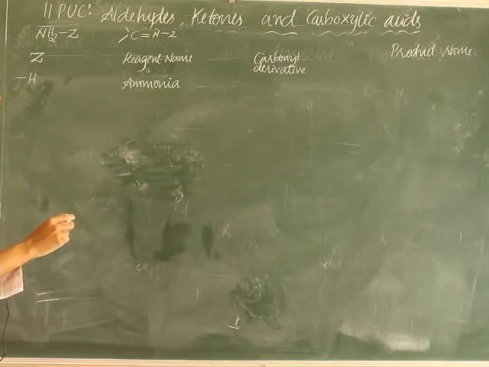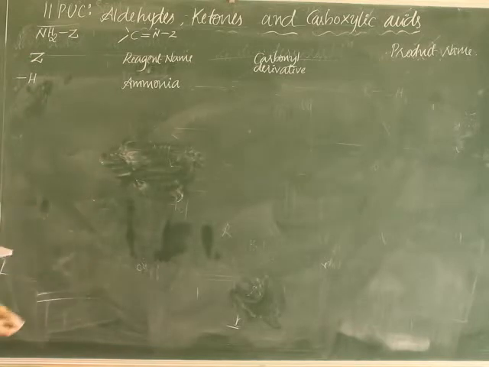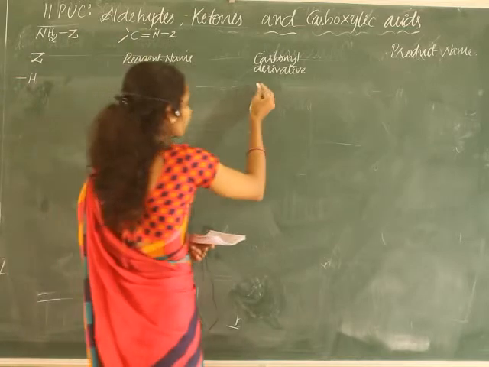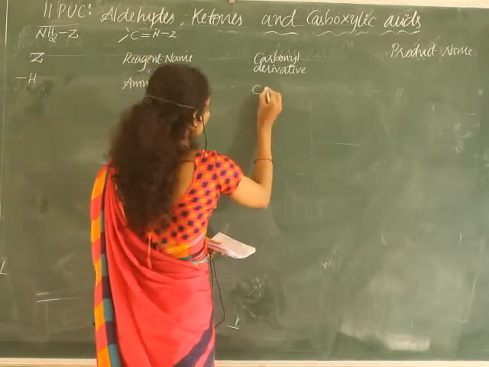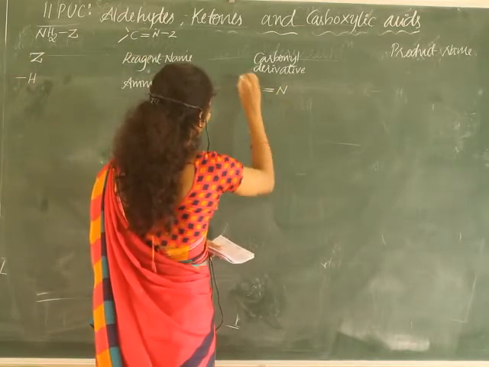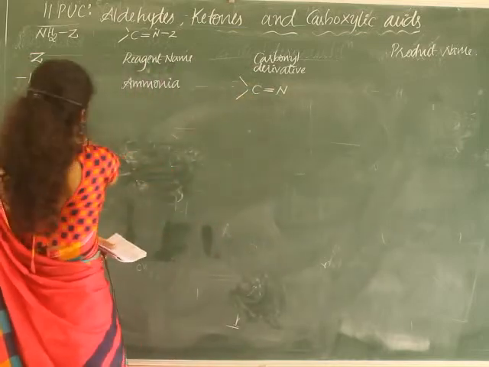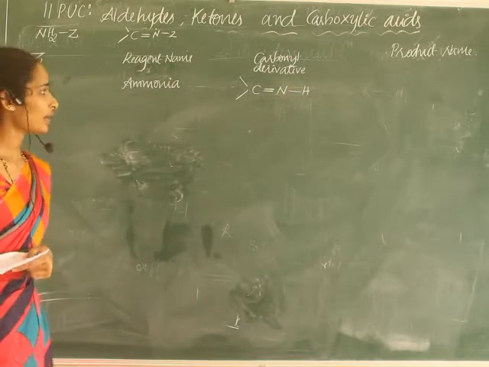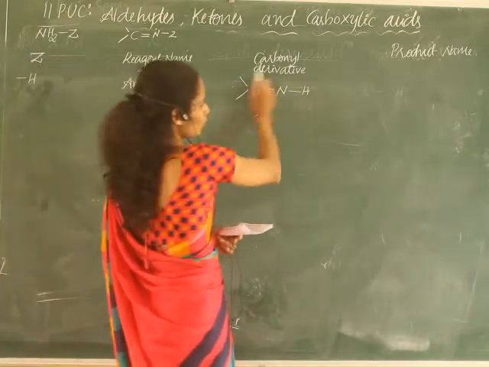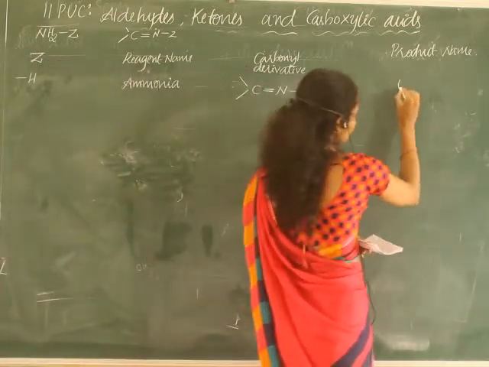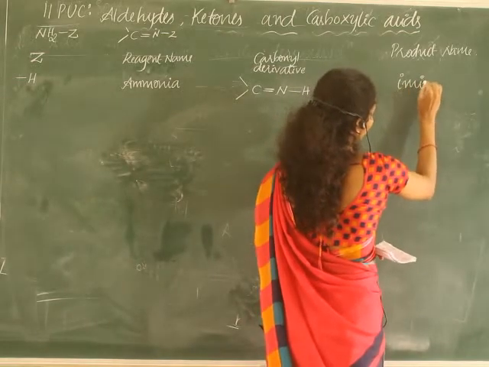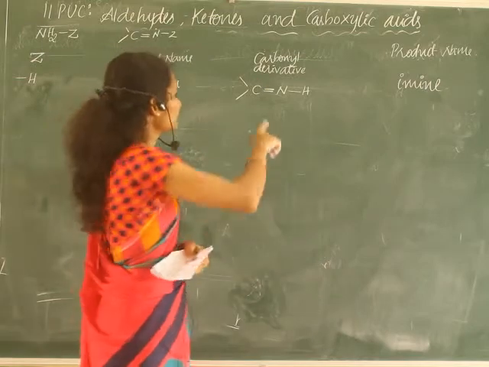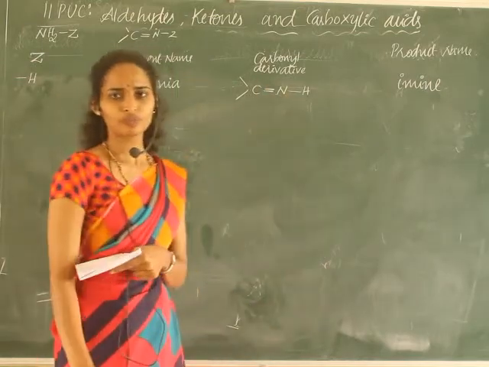And carbonyl derivative is, as I said, you have to remember this, or the mechanism, that is C double bond N and Z is hydrogen, right? Z is hydrogen, that's all. And this kind of products are called imines. Important. Okay, imine. Imine has general formula C double bond NH.